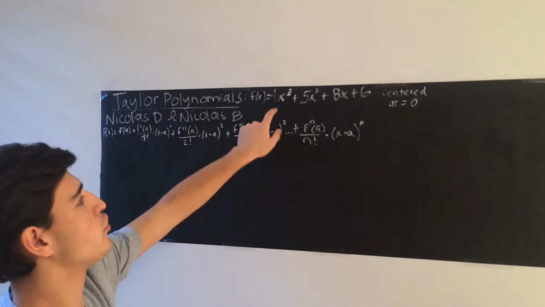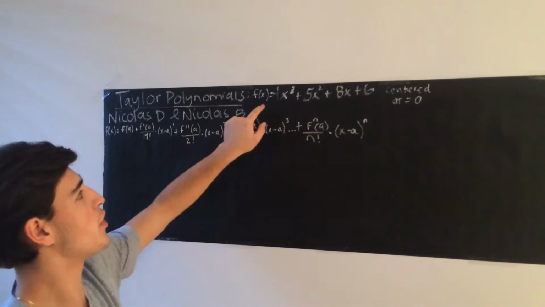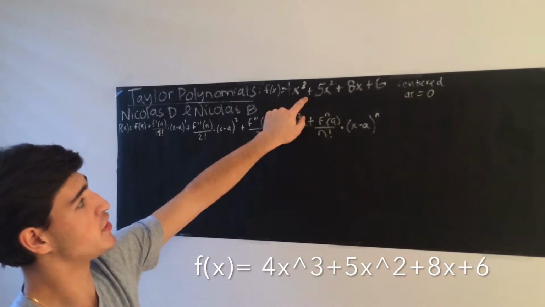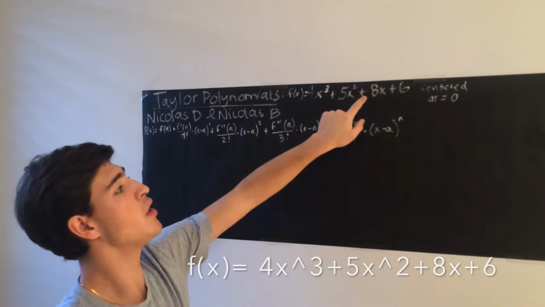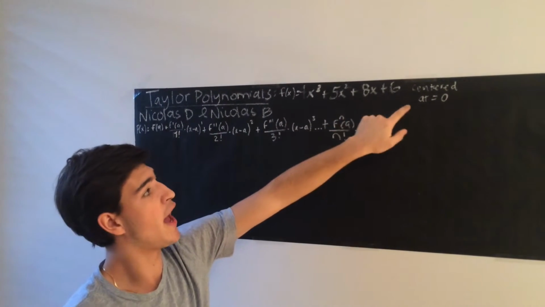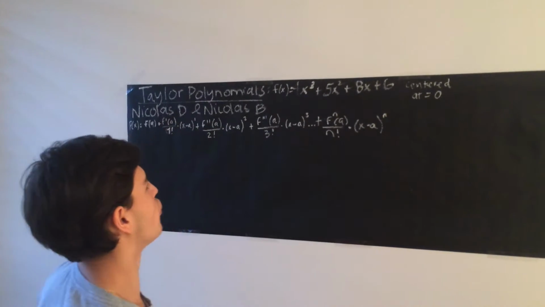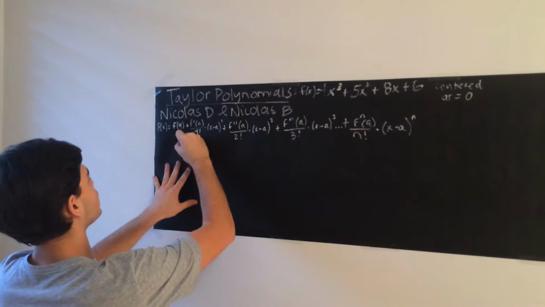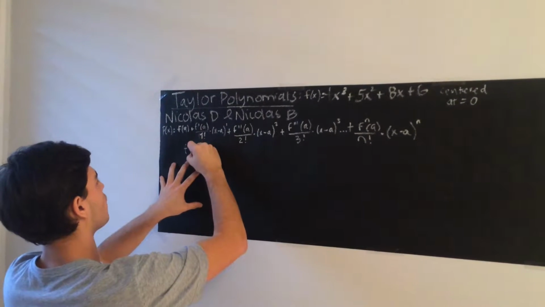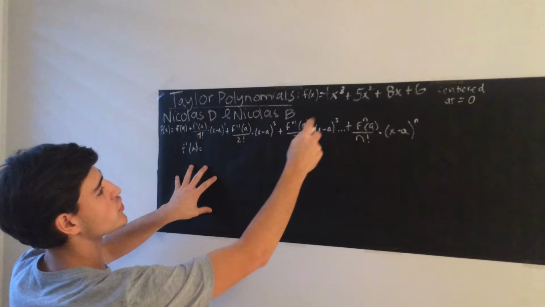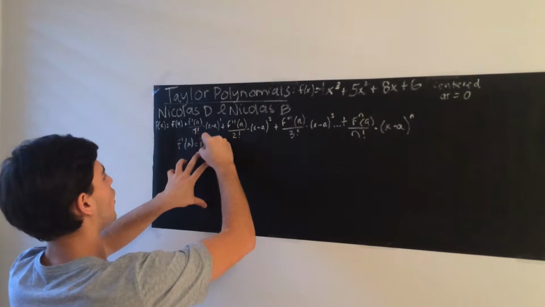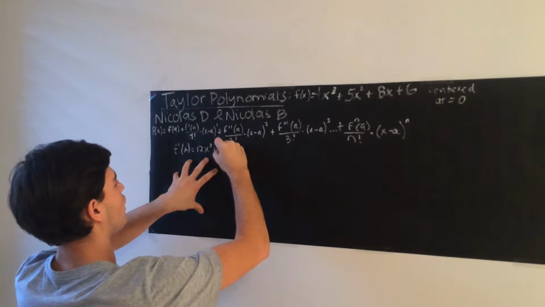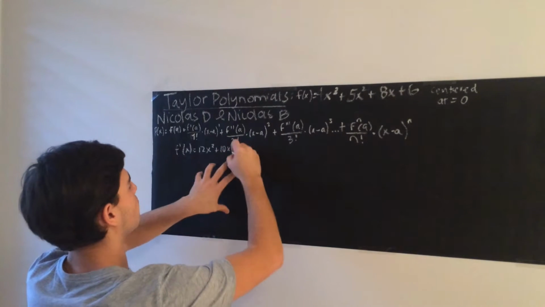Now we're going to start to solve our equation. So basically our equation is f of x equals 4x to the power of 3 plus 5x to the second power plus 8x plus 6, and it's centered at 0. So first we're going to get the first, second, third, and fourth derivative. The first derivative would be 12x squared plus 10x plus 8.